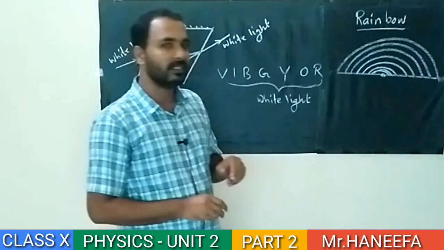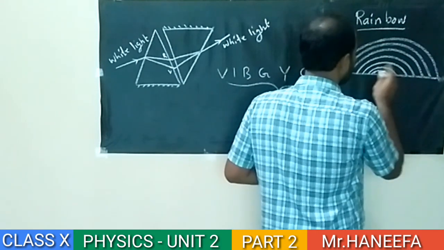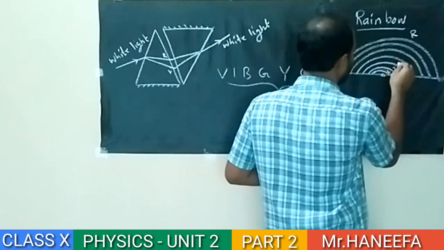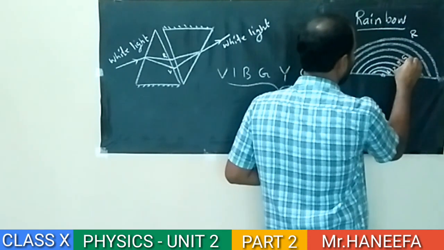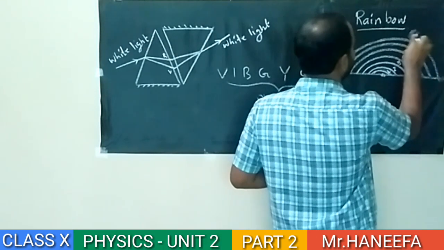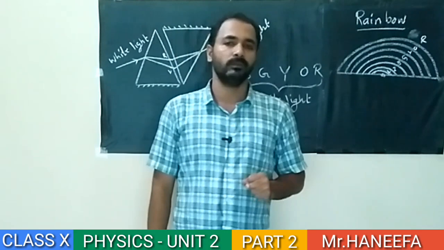So 7 colors are formed. What are the 7 colors? Violet, indigo, blue, green, yellow, orange and red. 7 colors are formed in the rainbow.